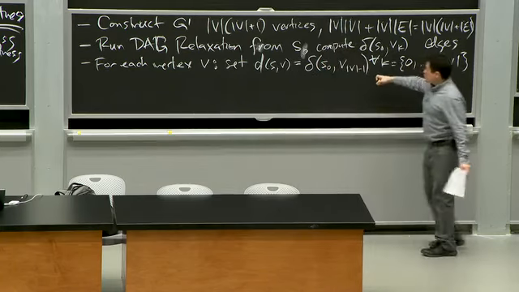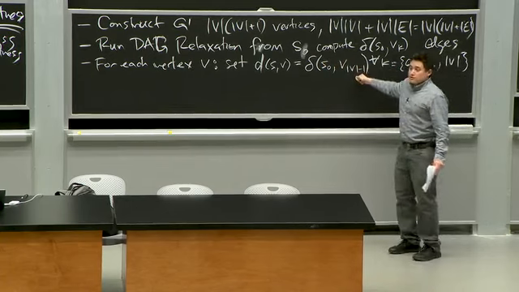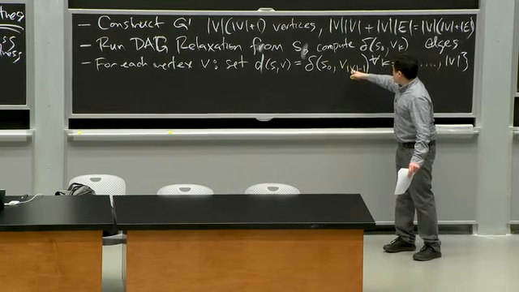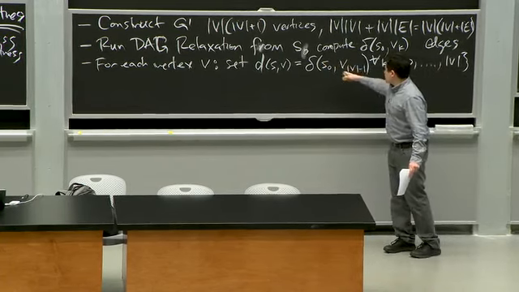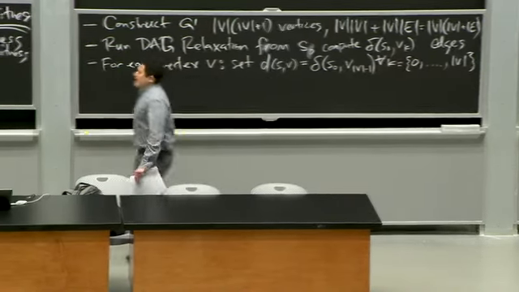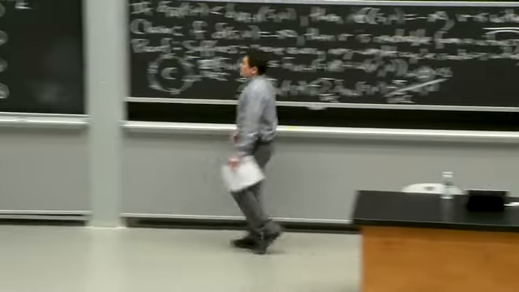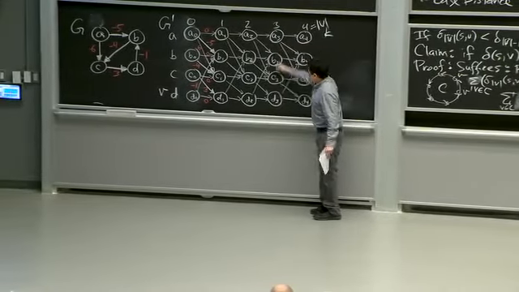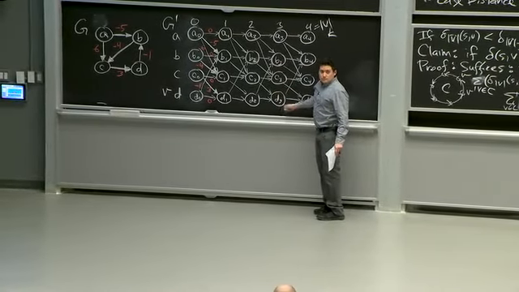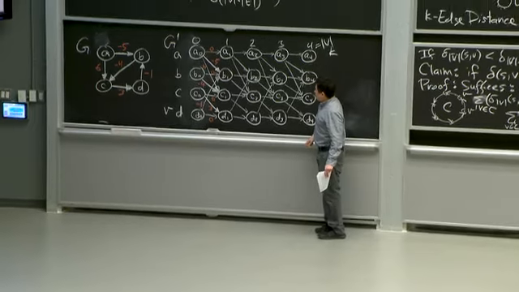All right? Why am I doing this? I'm setting it to be the shortest path distance to the guy in the second to last row here, or column, in my modified graph.